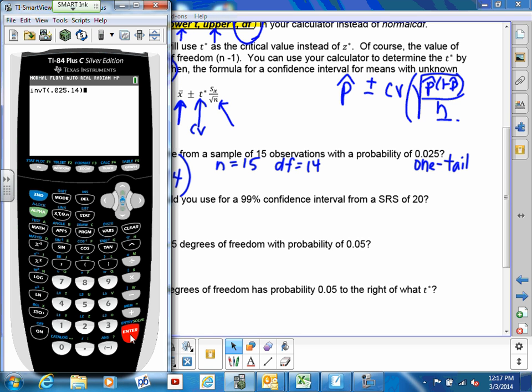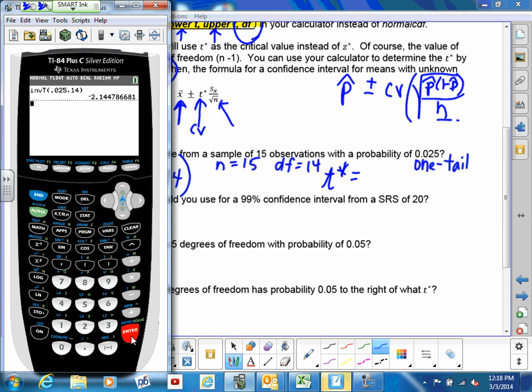It actually takes a little longer than your z-scores because it has to think. It has to locate that. Its processing time is a little longer because it has to find the correct curve and then give you that score. So this t star is negative 2.14.